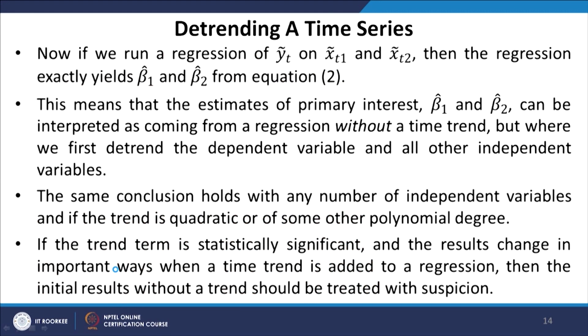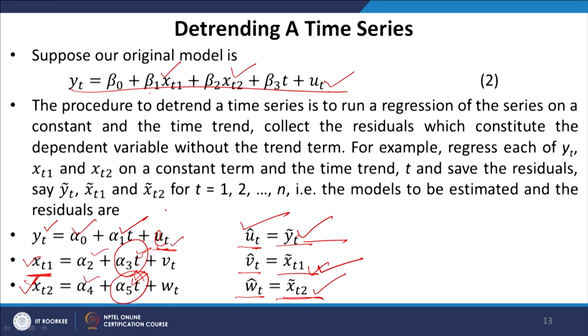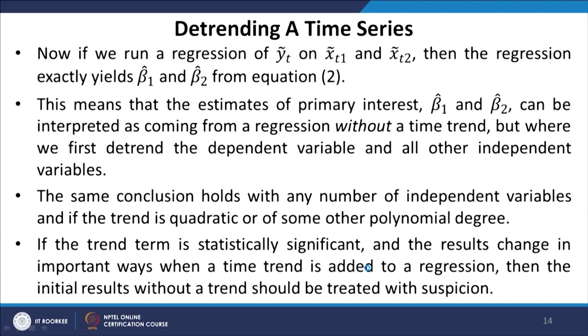Now, if we run a regression of yt tilde on xt1 tilde and xt2 tilde, then the regression exactly yields beta 1 hat and beta 2 hat from equation 2. If I had estimated equation 2 and obtained beta 1 hat and beta 2 hat, they would have been exactly equal to those from a regression of yt tilde on xt1 tilde and xt2 tilde.